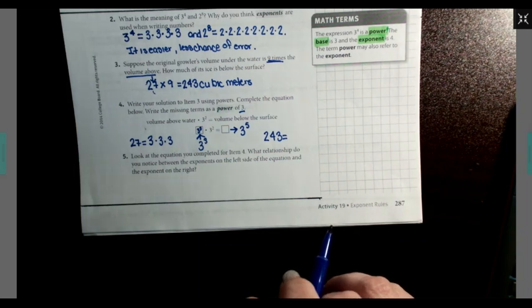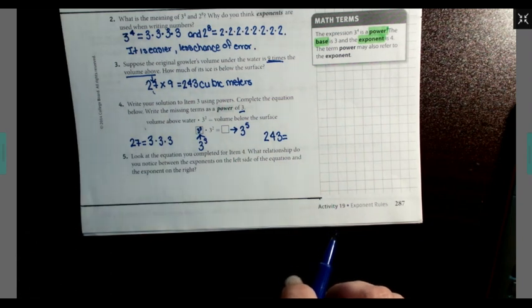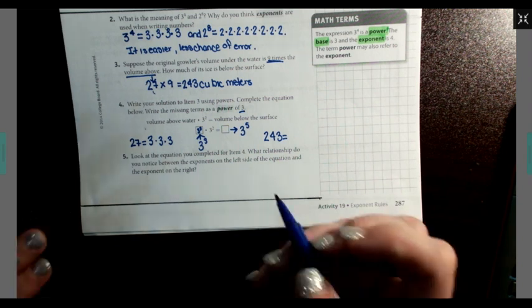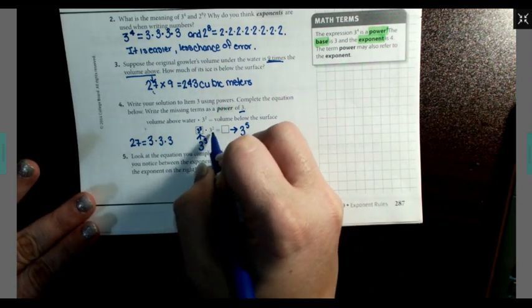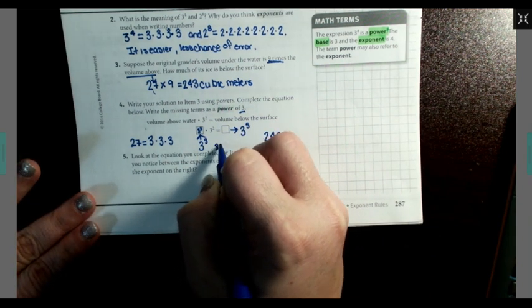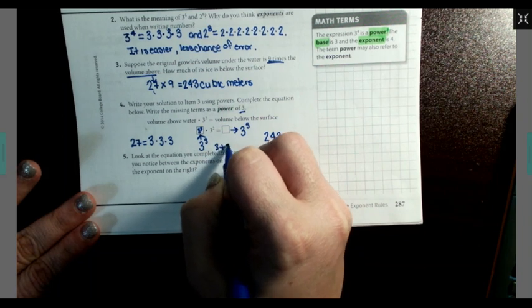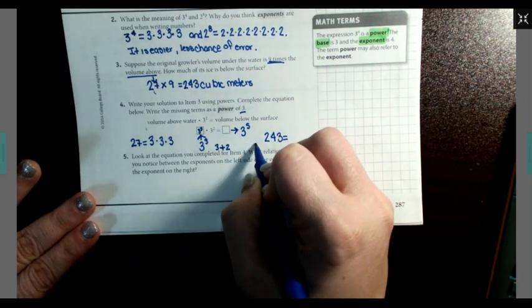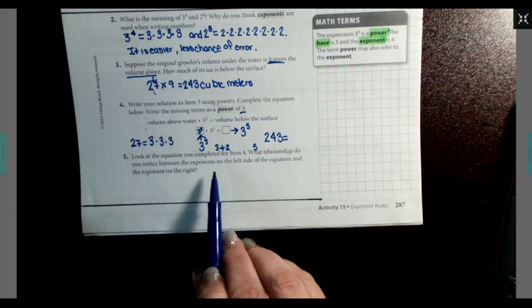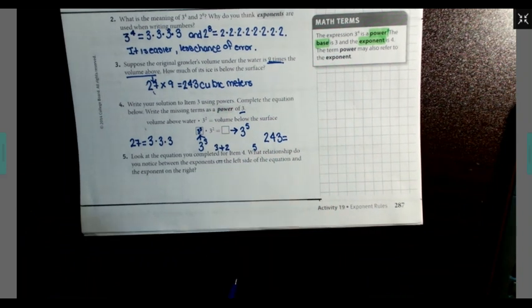Number 5. Look at the equation you completed for item 4. What relationship do you notice between the exponents on the left side and the exponent on the right? So our exponents on the left are 3 and 2, right? And my exponent on this side is 5. What do you notice about these?